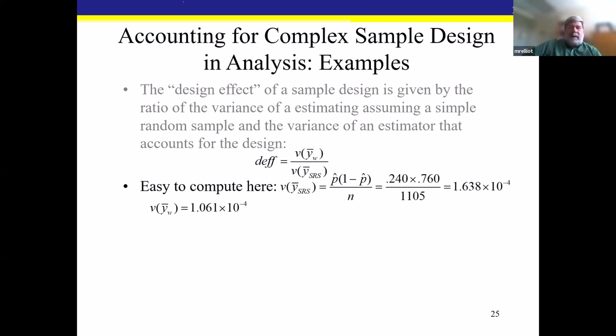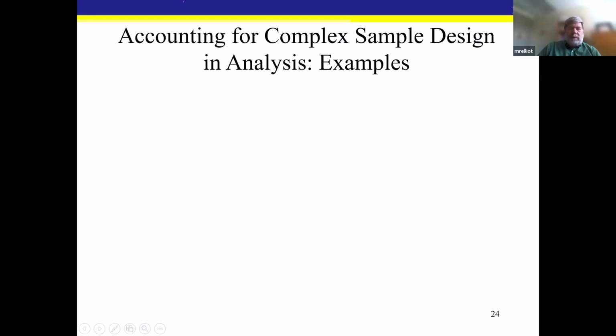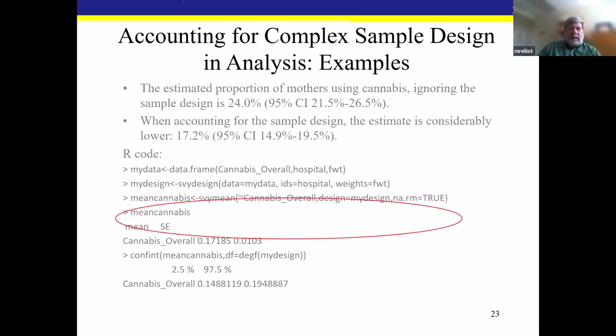It's the ratio of the variance of an estimator that accounts for the design versus the variance assuming a simple random sample. It's easy to compute here because I know the variance of a proportion is just the estimated proportion times 1 minus that estimated proportion, divided by the sample size. And the variance of the design-based estimate I can get from my standard error, squaring it here.